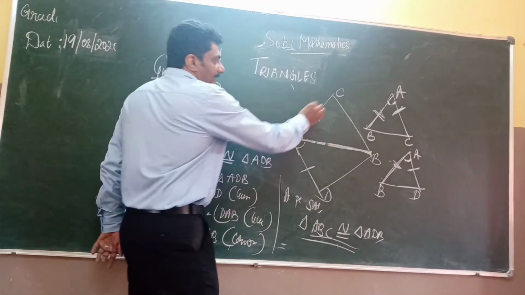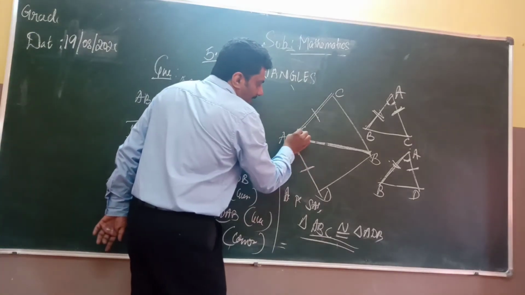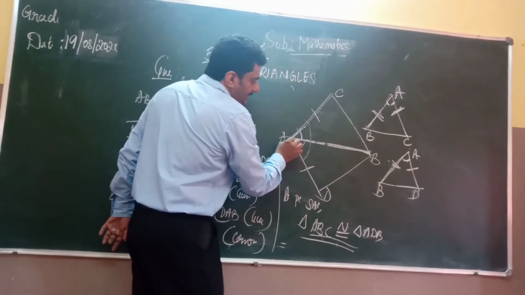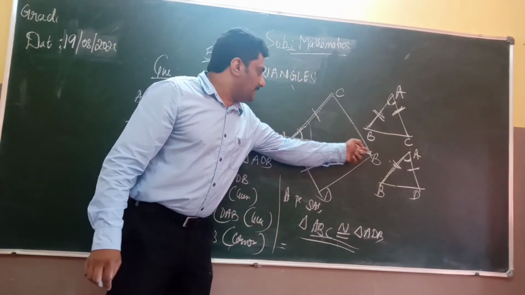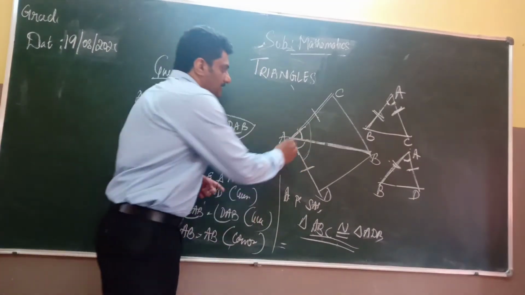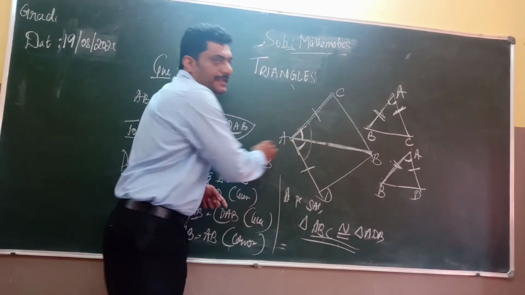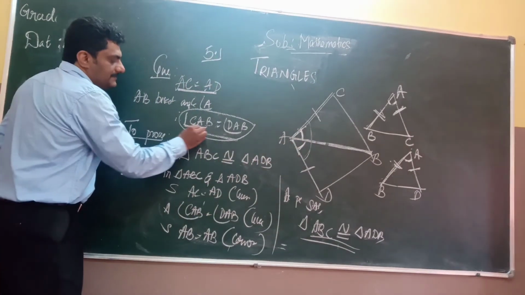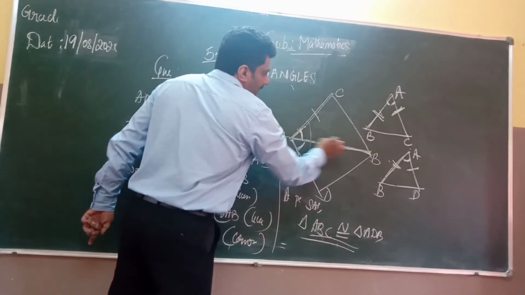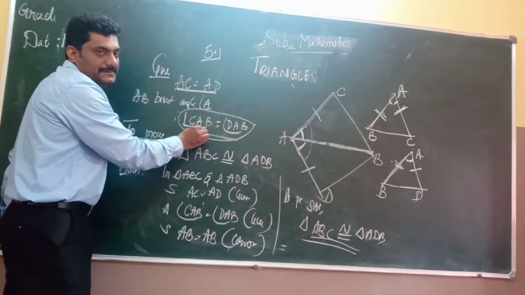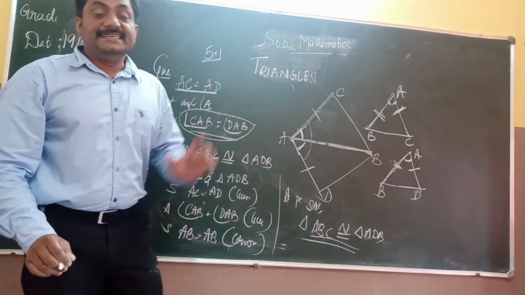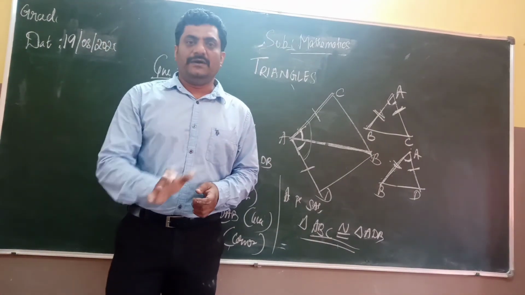And then angle A, this complete angle, has been bisected by AB. If AB is bisecting this complete angle, these two angles are equal. See here, CAB is equal to DAB. Written. And these are the things given in the question.